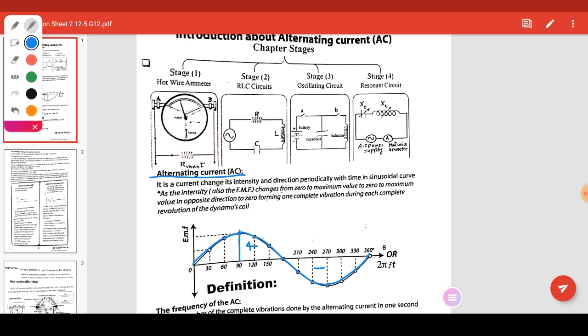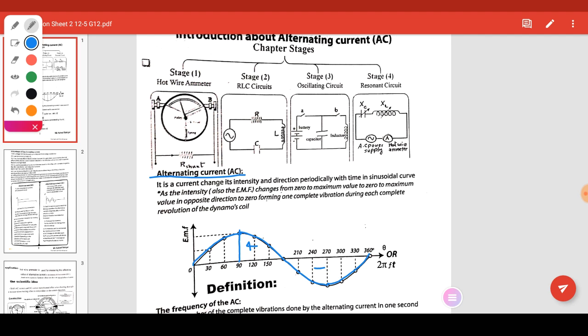This graph is represented by a sine curve, in which the intensity changes each quarter cycle. The direction of the current changes each half cycle. This is called alternating current or AC current. It is the current which changes its intensity and direction periodically with time in a sinusoidal curve.